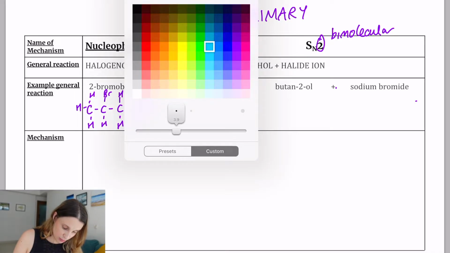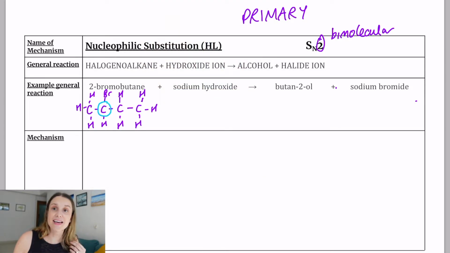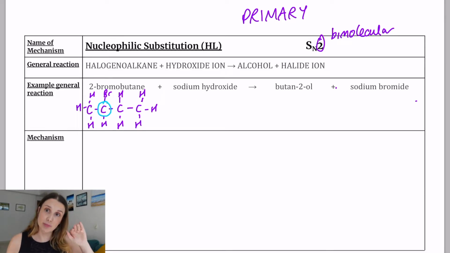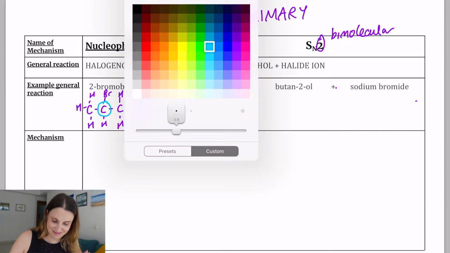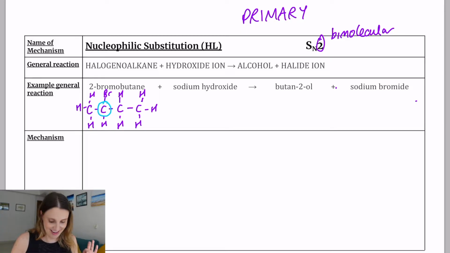So in this 2-bromobutane, this carbon here is actually chiral. It contains the bromine, the methyl, the ethyl, and the hydrogen, so 4 different groups. So it has enantiomers, it shows stereoisomerism, and we can use it to demonstrate in the mechanism later what happens to the overall stereochemistry. So yes, it's secondary, but it's all okay.